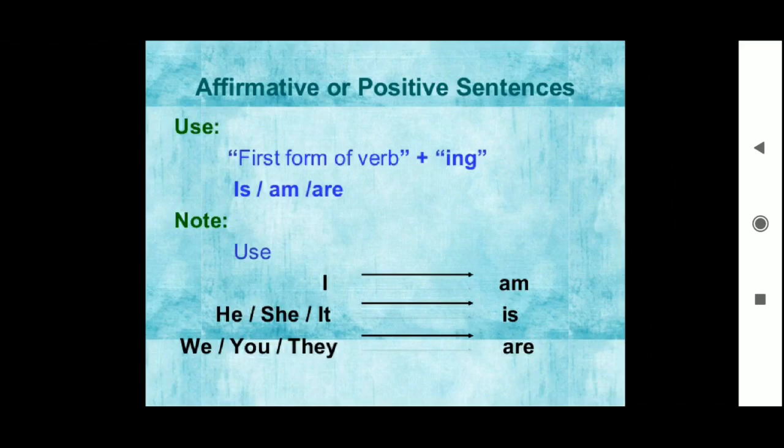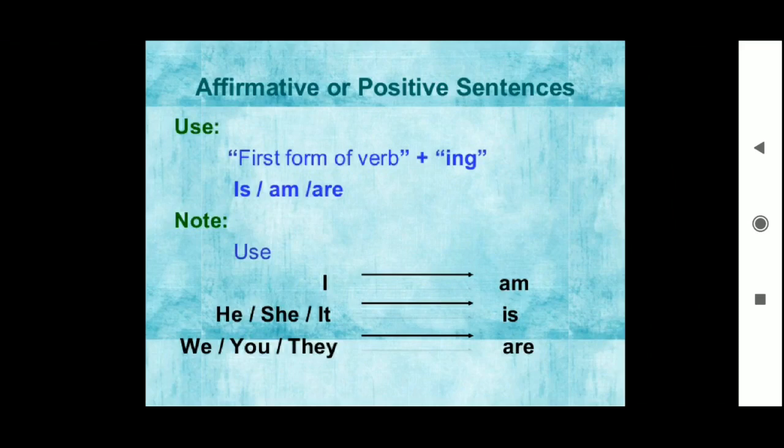But as I told you, if you are able to make and understand positive sentences, negative sentences, interrogative sentences, then interrogative negative will be very easy to understand, because only not is applied there after the helping verb. Use the first form of the verb plus ing, with is or am or are.